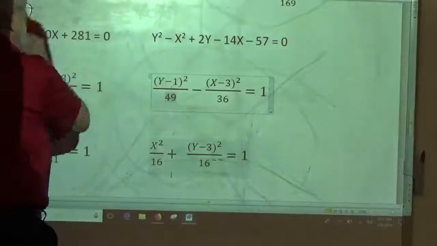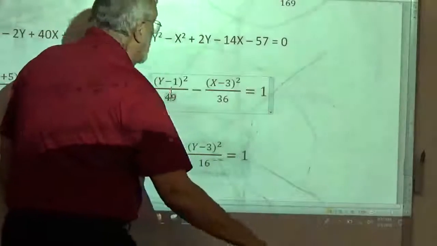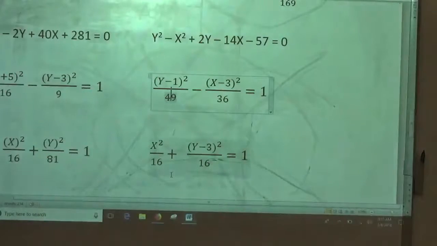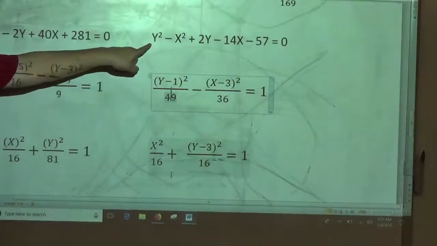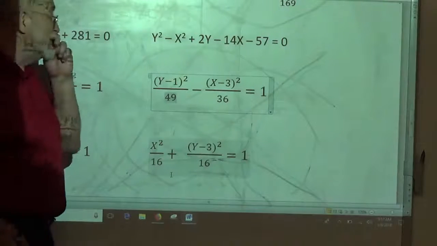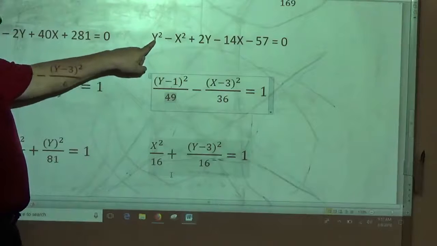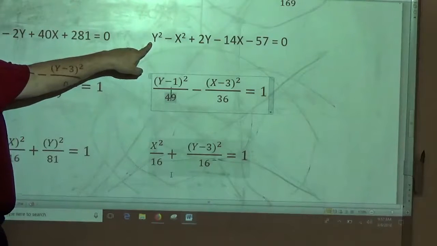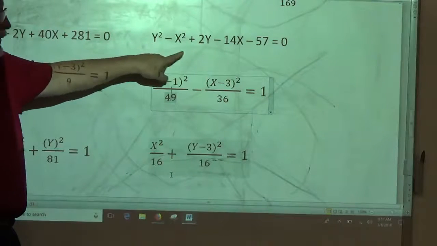This is where you'd see it if I wanted to make you work. All right, here's a y squared. Okay, first of all, what kind of conic section is this? Tell me about the signs. Signs are different. There's only one that has a sign different. What is it? Hyperbola. Okay, so now I need a y with this y squared.